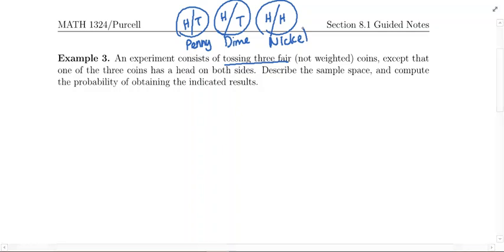There's some way of being able to tell the difference between the 3 coins. So imagine you have the penny, the dime, and the nickel in your hand, and you shake them up, mix them up, and then you throw them, and you see how these coins land. Does each one land on heads or tails?